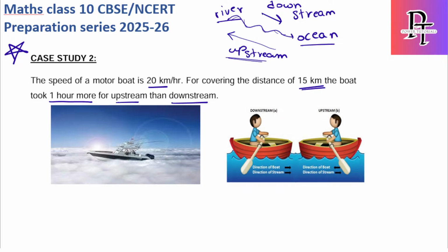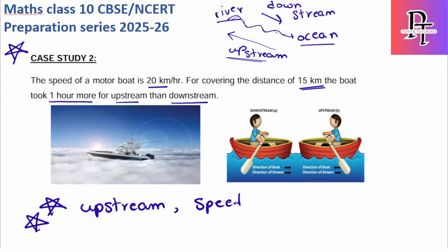Okay, so simply I can say this is the most important equation. For upstream, the speed, or net speed, I can say, is speed of boat minus speed of stream. I'll write it as W, the speed of water stream.